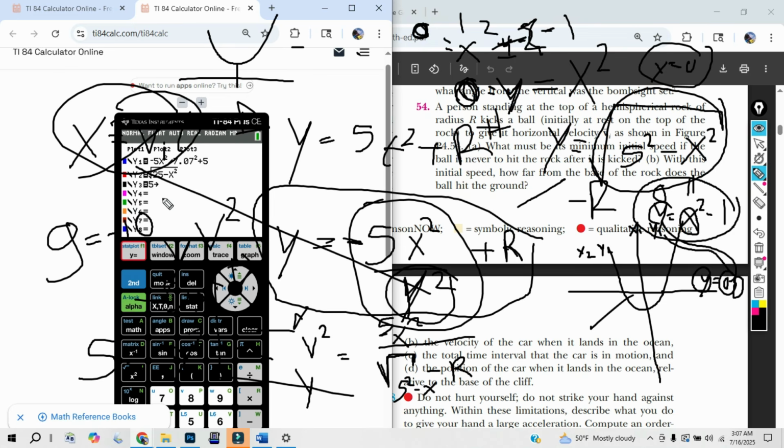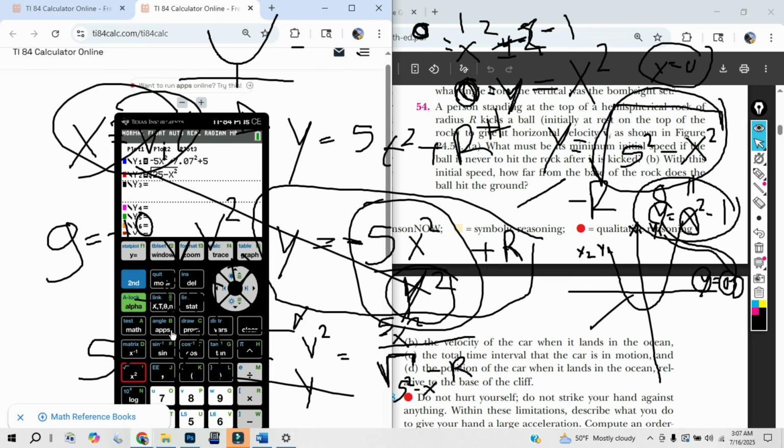We got 5x squared. Didn't like that. All right, 5x squared divided by, parentheses, square root of 25 minus x. Nope, didn't like that.